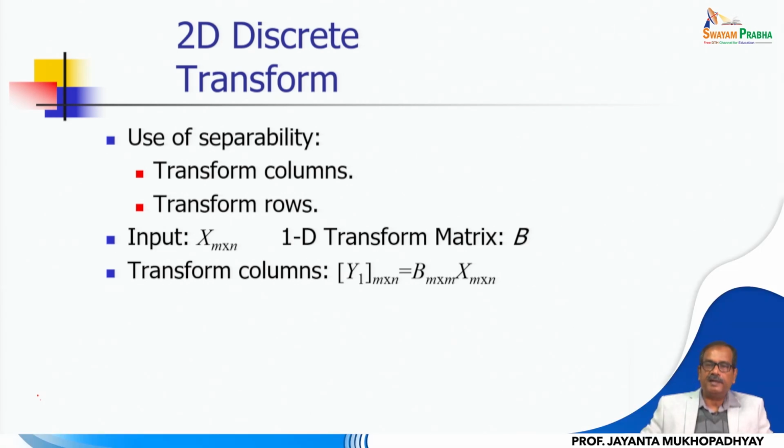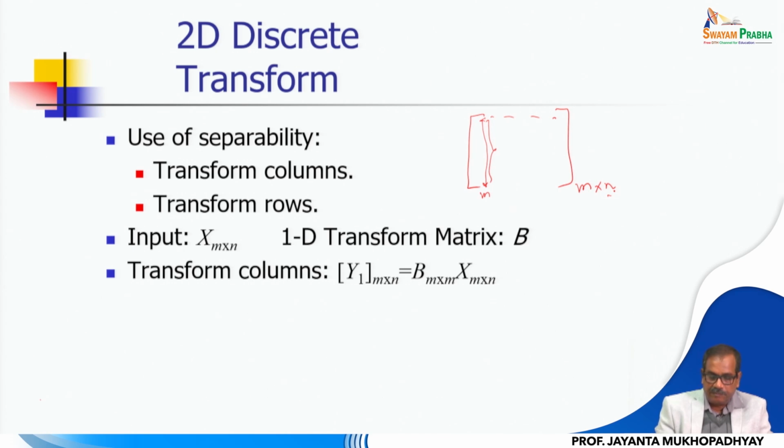So you have an input matrix X of m cross n, which means in this case your number of rows is m. So the length of a column is m and you have n columns, small n columns.